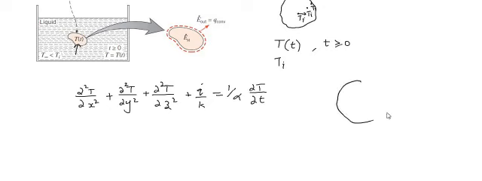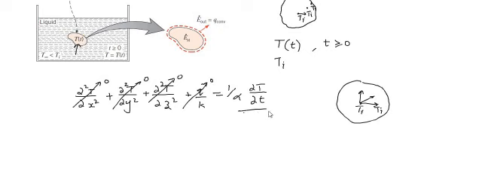If this is the ball, in the x direction there is no temperature change, so this position is Ti, and this position is also Ti, so this term will go to 0. Similarly, if you take the y direction and the z direction, you have the same thing. So all these terms will go to 0. Then let us assume that there is no internal heat generation, which means that this also goes to 0. Then what remains is only this thing.